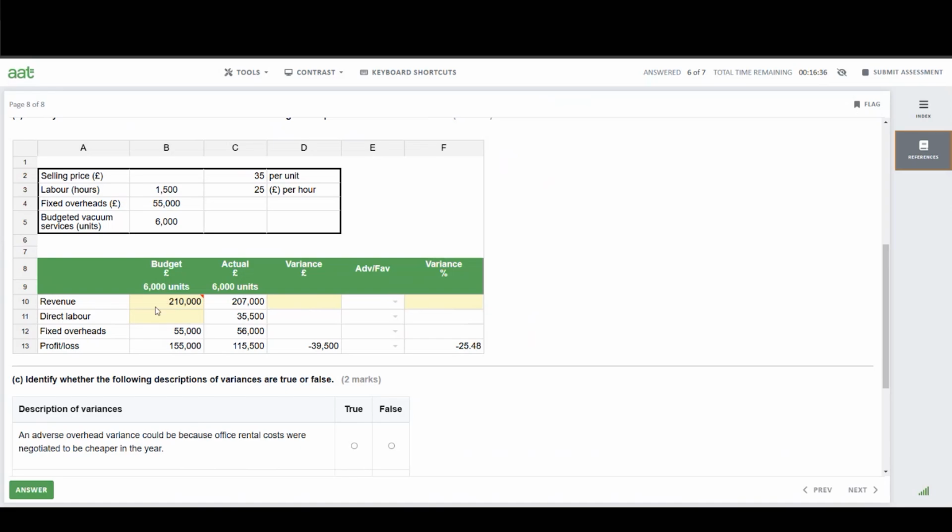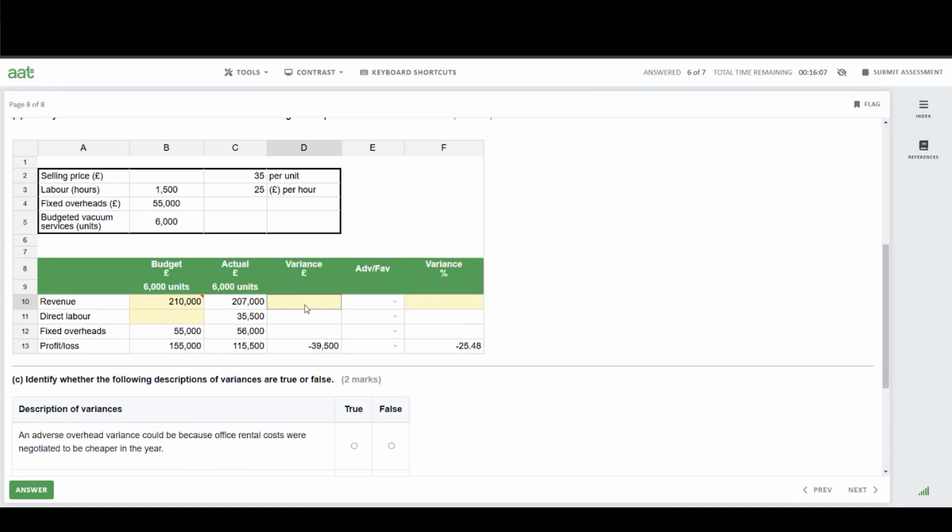Okay, so I can see that this business had budgeted to sell £210,000 worth of units. However, the actual sales were 207,000. So I know that this is an adverse variance. Sales are less than expected. So I need my variance calculation to come up with a minus number to indicate this is an adverse variance.